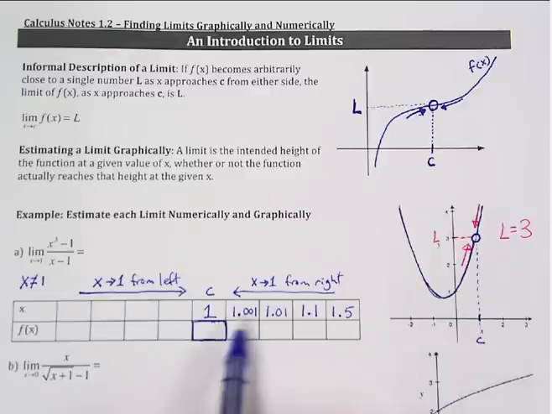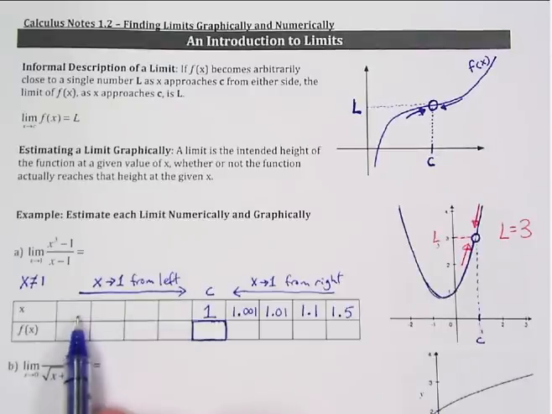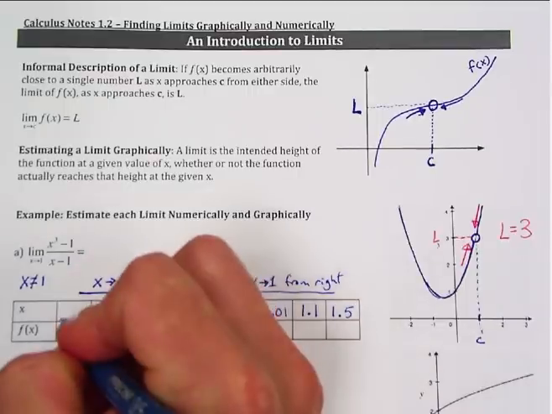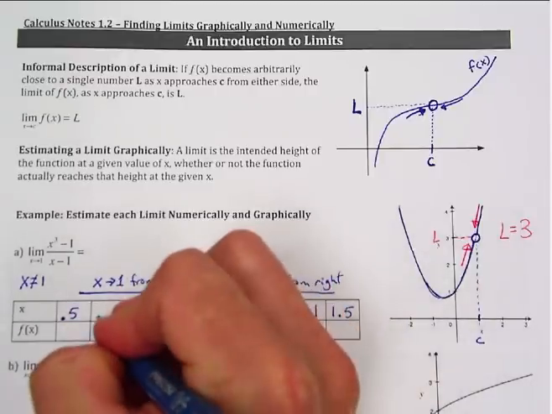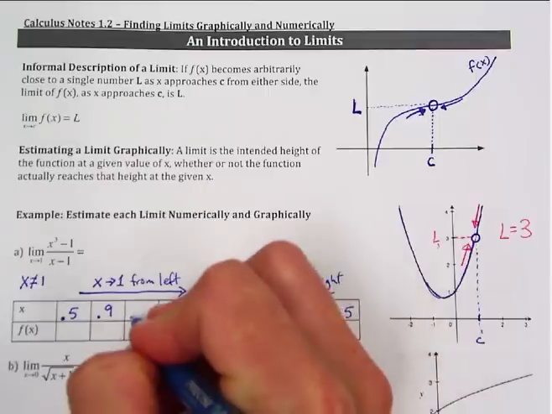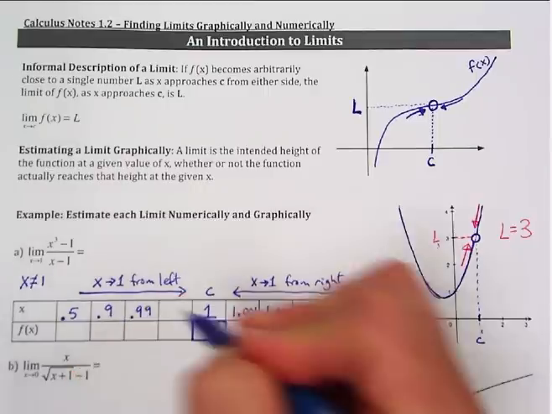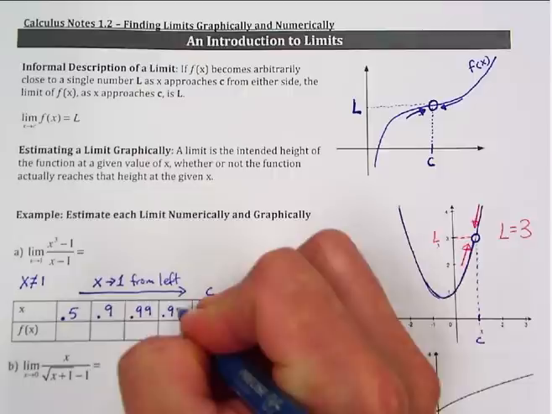Now, of course, you can get smaller than this, but we'll see if this turns out to be good. So from the left, we're going to do the same intervals, but now going below 1. So here we're going to start at 0.5. We'll jump up to 0.9, 0.99, and 0.999.